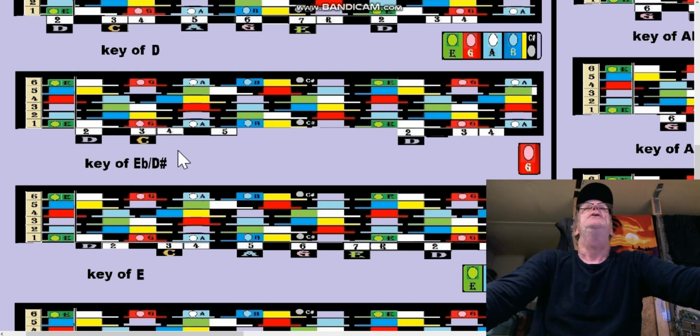Every key has a leading tone. You don't want to hit the dominant seventh when you get up there. So our key of E flat, I don't consider D sharp a recognizable key. It's just E flat to me.